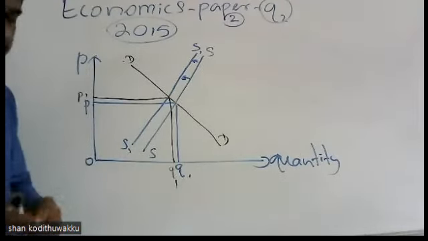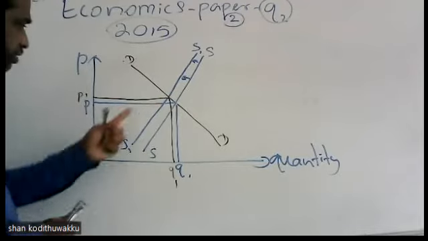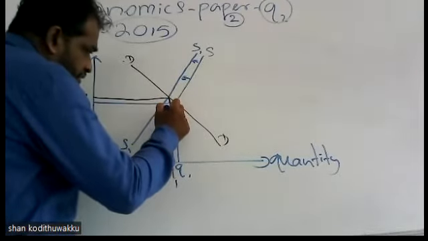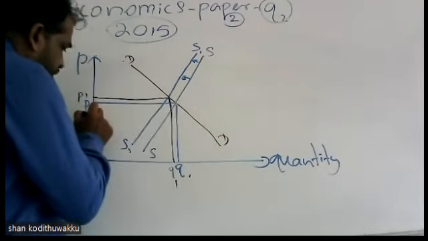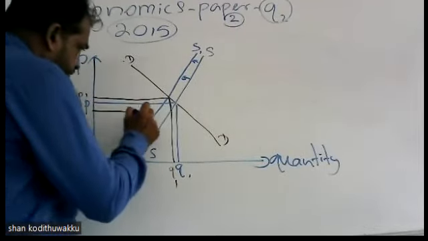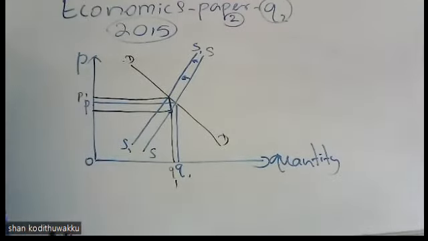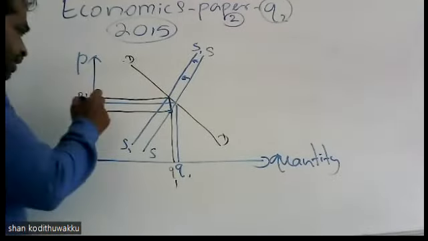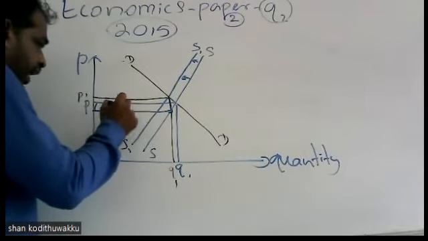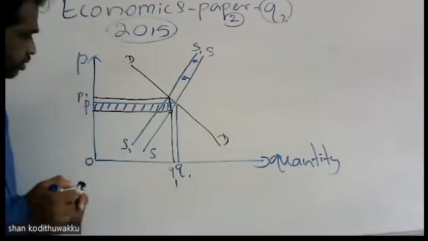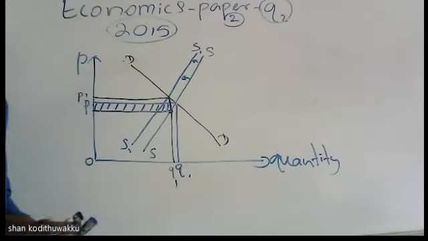Then when you consider the vertical distance of these two supply curves, this is the vertical distance. We can take this as the unit tax.